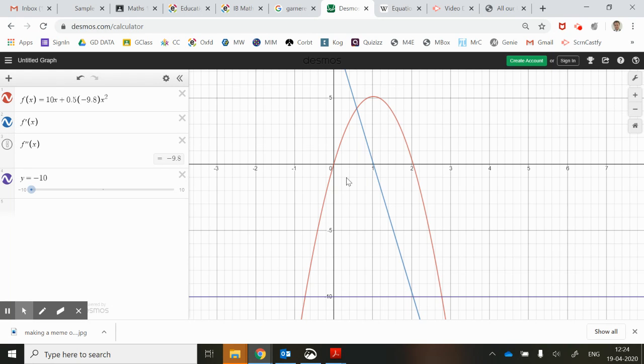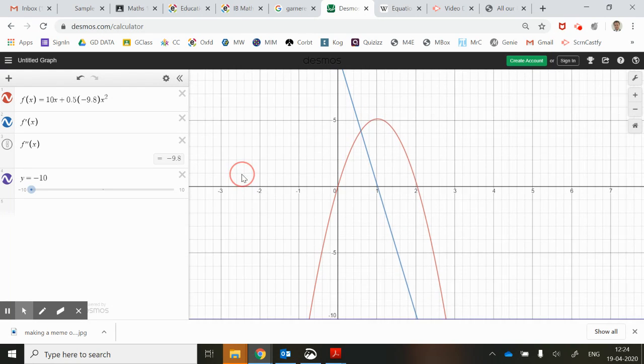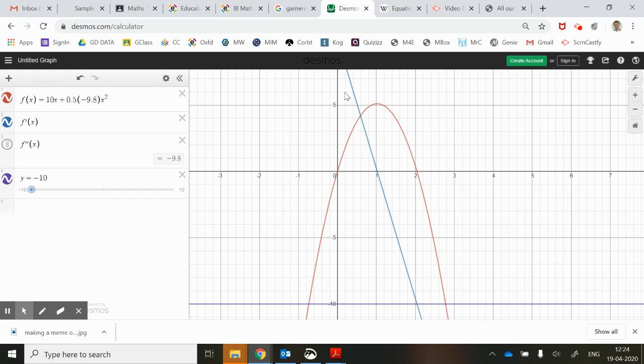Now, in terms of the acceleration here, the acceleration is always constant because we have a constantly decreasing velocity, as the velocity line is a straight line graph. So if we differentiated this blue line, we will just get this as an answer. If you can see here, the second derivative is going to give you minus 9.8, which is the acceleration.